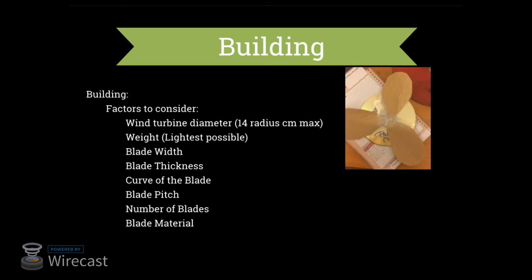So creating your wind turbine is really about balancing, and also making sure that your wind turbine is consistent and it doesn't break on the spot. Also, you want to consider the curve of the blade, because the curve of the blade would determine how much wind you're trying to catch to make it spin.